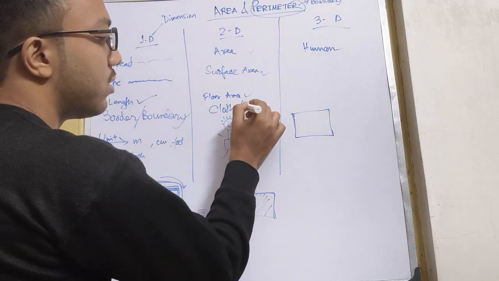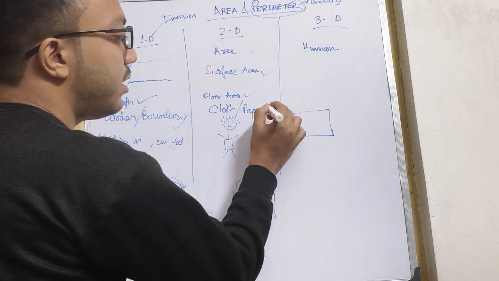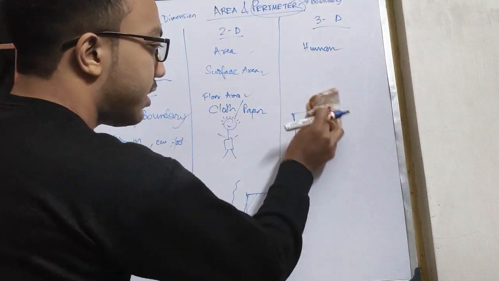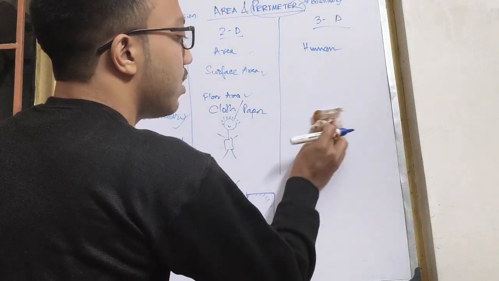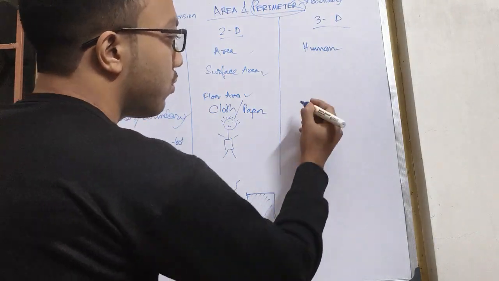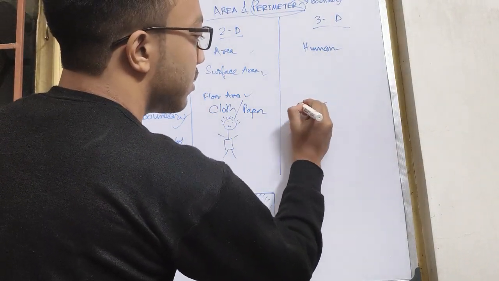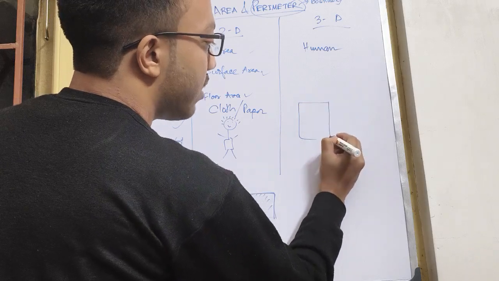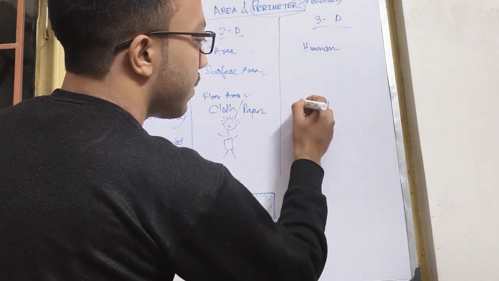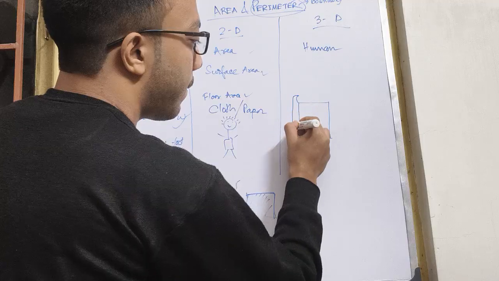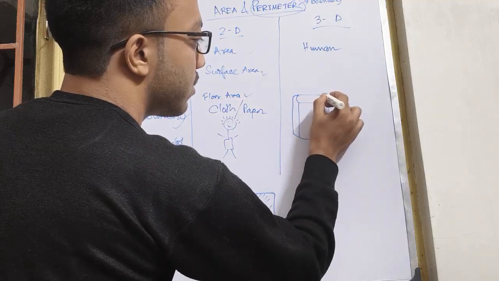Okay, paper. But whenever you are taking a real life example, like your book, it will always have a thickness like this.